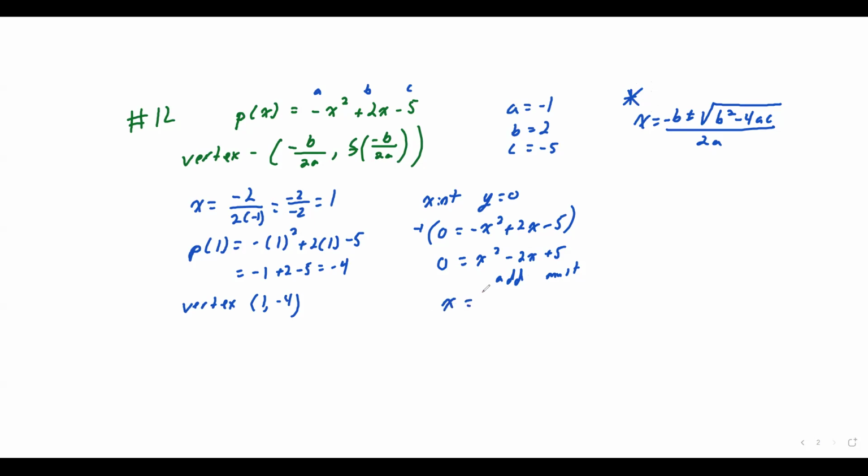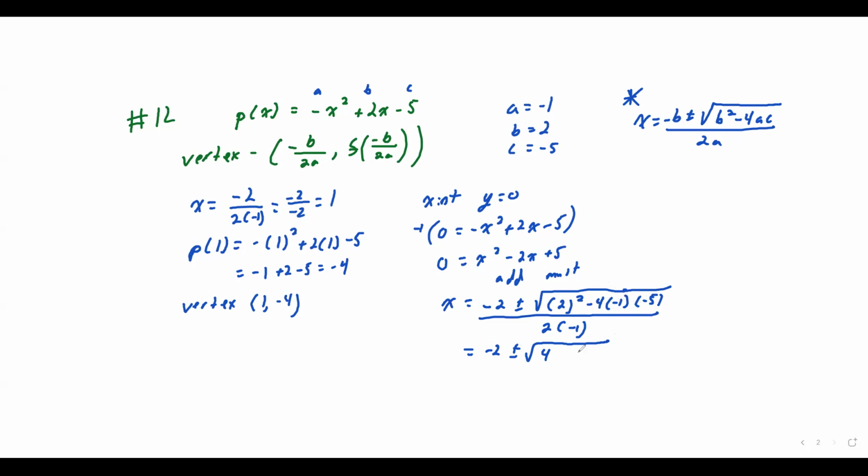All right, so what I'm going to do is, again, use my original a, b, and c. So this is just going to be -2 plus or minus the square root of 2 squared minus 4 times -1 times -5, divided by 2 times -1. So I get -2 plus or minus the square root of 4.